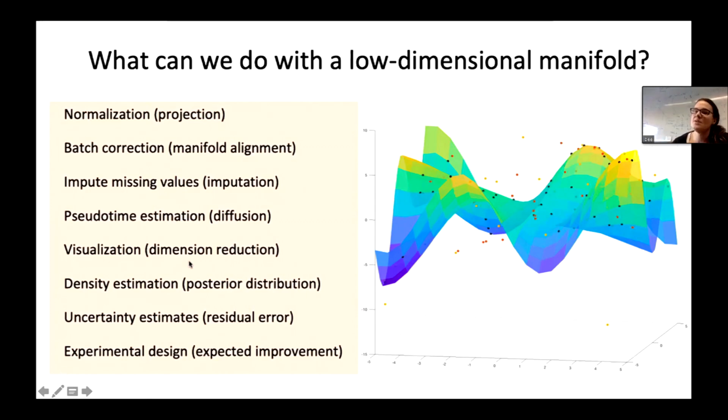We can think about visualization. Obviously, in a low-dimensional space, we can visualize the distances between each of the different cells. We can do density estimation, or modeling the posterior distribution of this low-dimensional space. This is, I think, going to be particularly important when we start developing really aggressive approaches for experimental design, where we have specific density estimates of a sample in this low dimensional space.